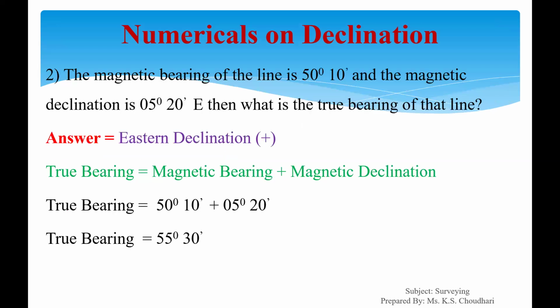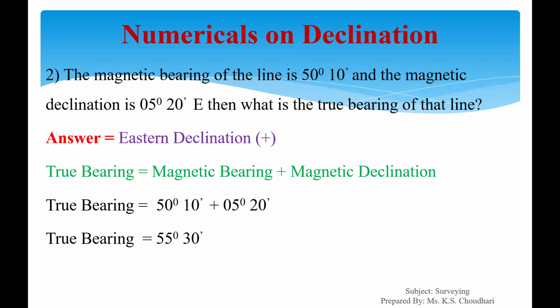Now the second question. The magnetic bearing of the line is 50 degree 10 minutes and the magnetic declination is 5 degree 20 minutes east. Then what is the true bearing of that line? Here the declination is 5 degree 20 minutes east, that is eastern declination, so use the positive sign. Now the formula becomes true bearing is equal to magnetic bearing plus magnetic declination.